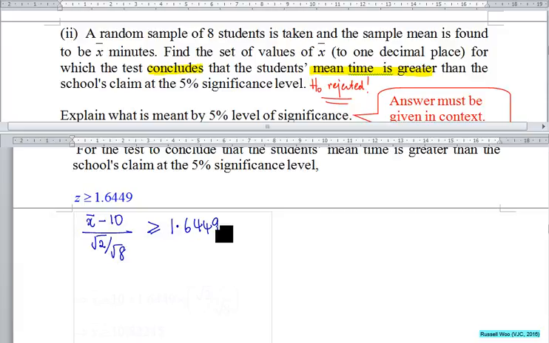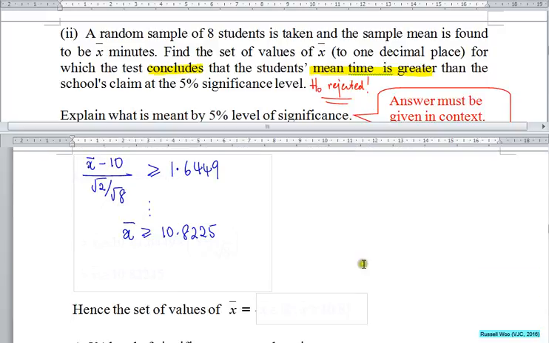So I'm just going to give you the answer directly. You get x bar to be greater than or equal to 10.8225. Therefore, in order for this to happen, x bar must be greater than 10.82, or 10.8.